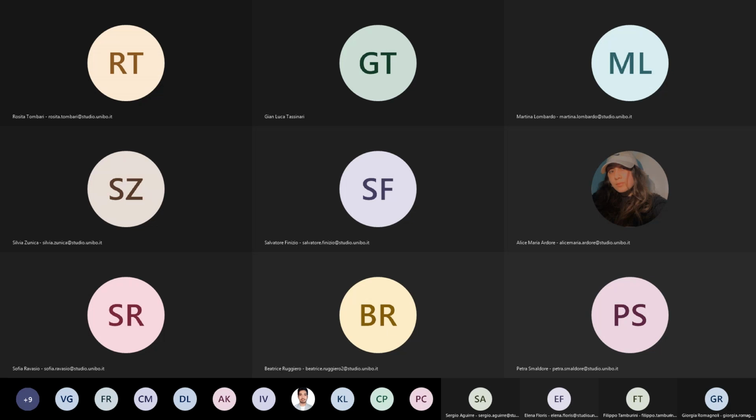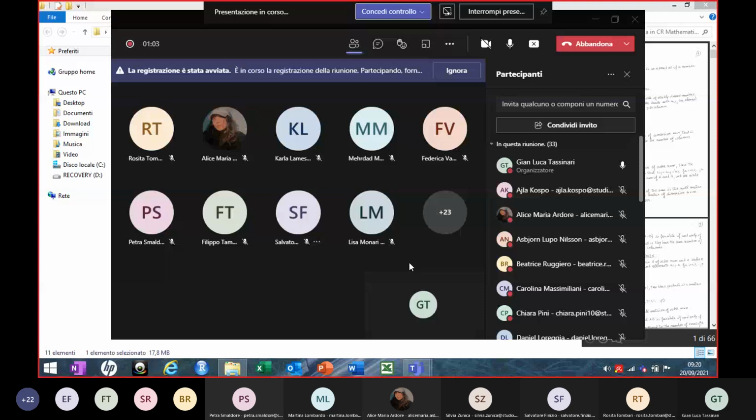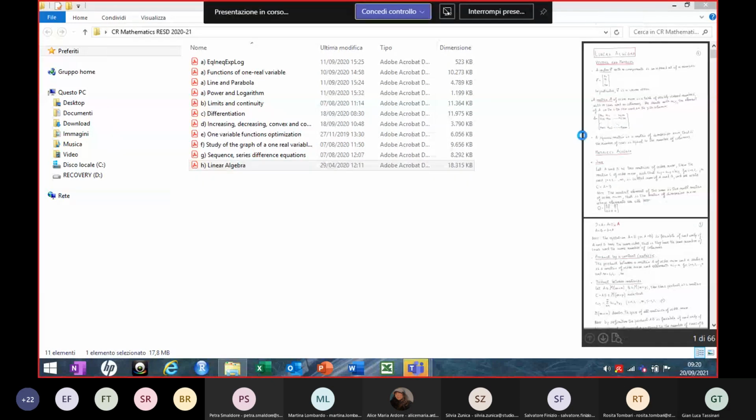Now I need to find the file linear algebra. Sorry, this is open, and in the meanwhile I share my desktop also. Okay. Sta succedendo qua?